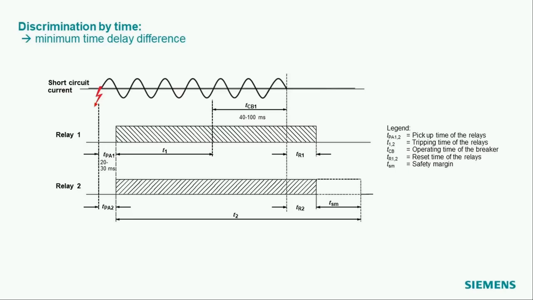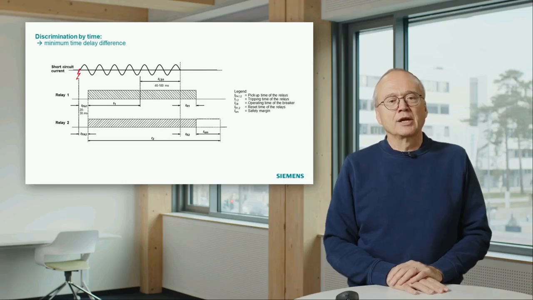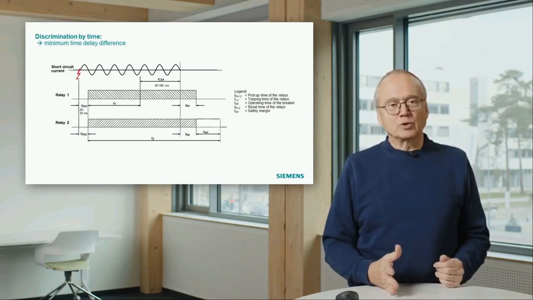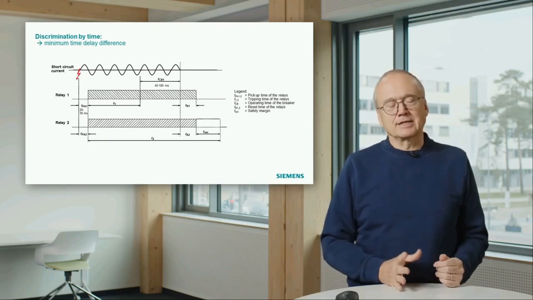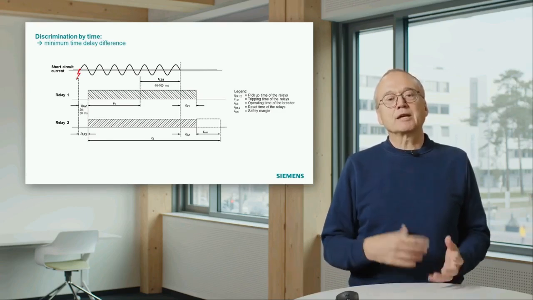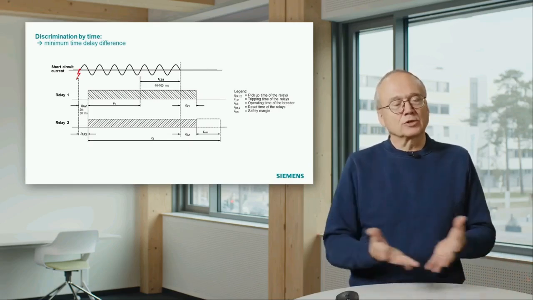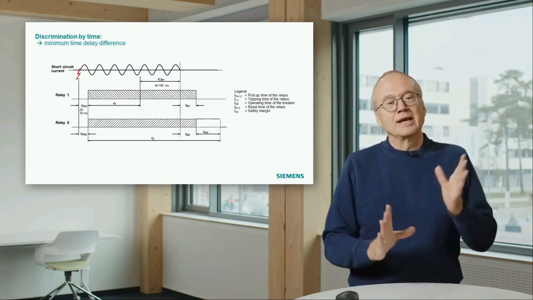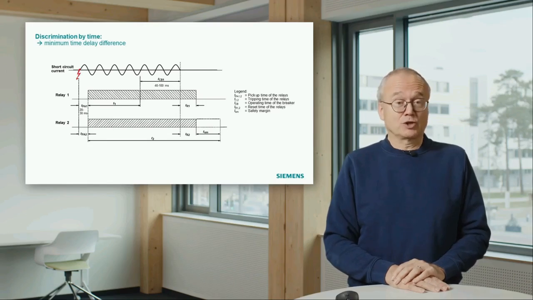First of all, both relays need some time to detect the fault. Internally we have algorithms, they need some data windows to calculate the current, so they need some time to detect the fault. If the relays are identical and the setting is identical, these delay times will be the same. If the relays are of totally different type, for instance, one is a digital relay, one is an electromechanical relay, this time to detect the fault can be pretty much different.